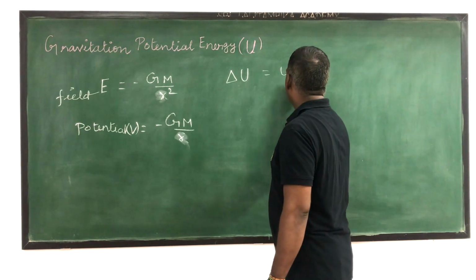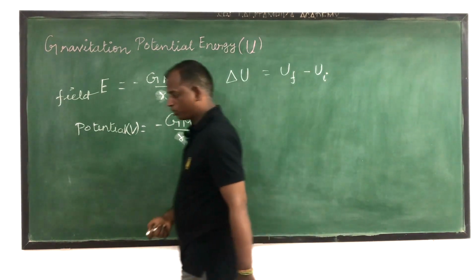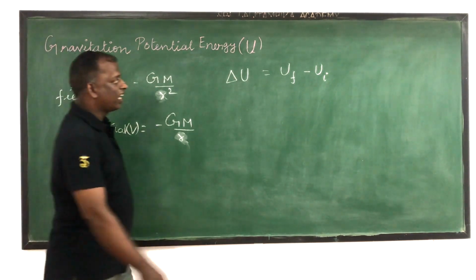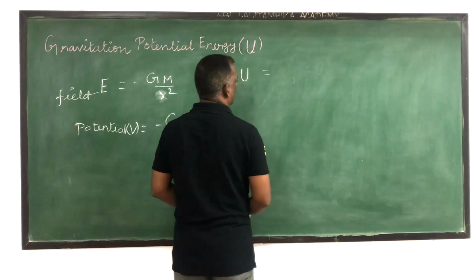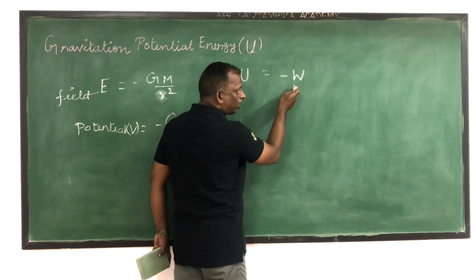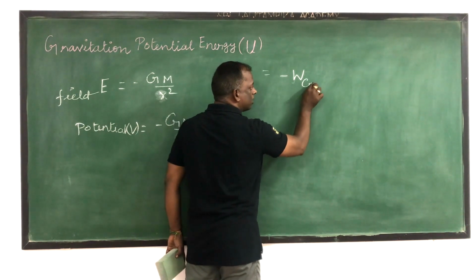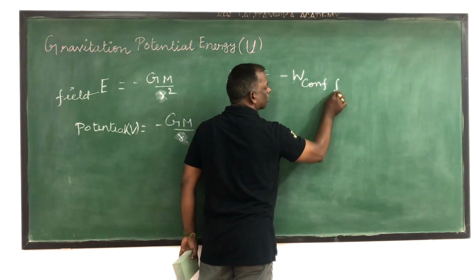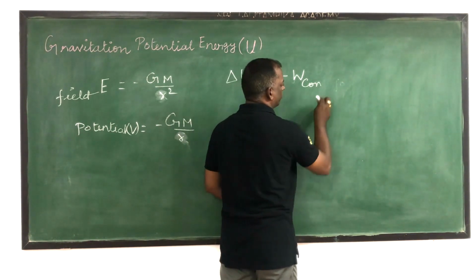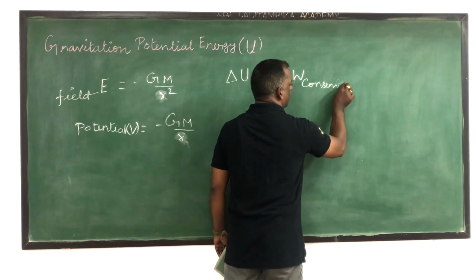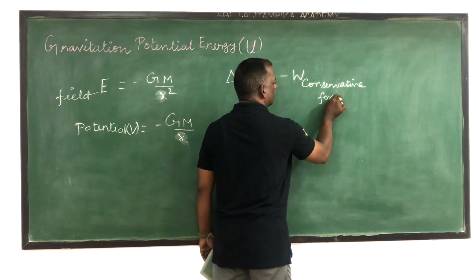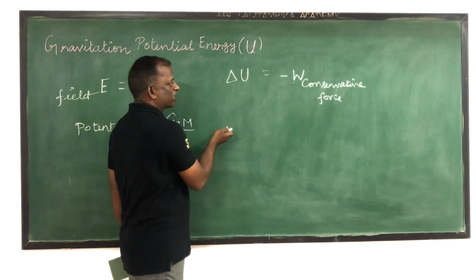So இது எப்படி வந்ததுன்னா, change in potential energy எப்படி அவங்க சொல்லிருக்காங்கன்னா, change in potential energy is equal to minus work done by the conservative force. அப்ப change in potential energy நம்ம எப்படி சொல்லலாம்?